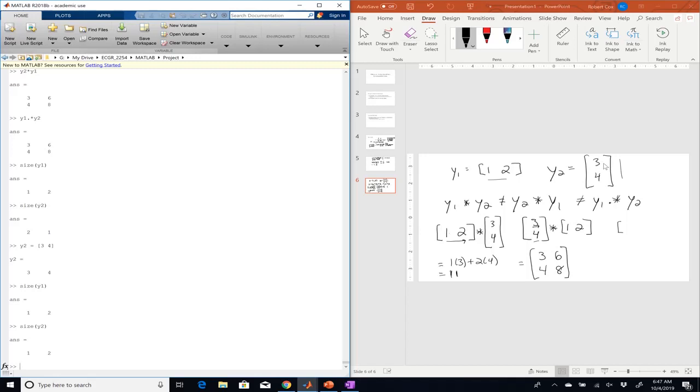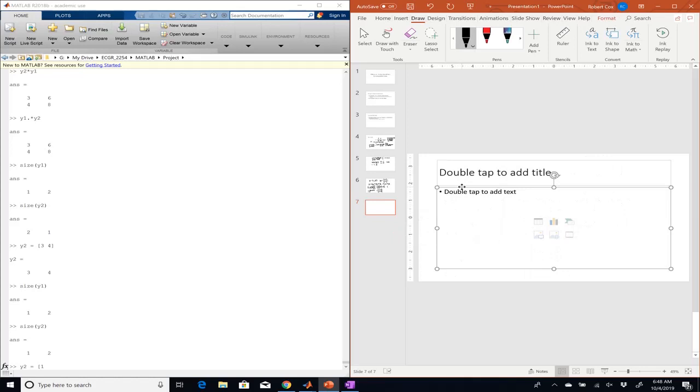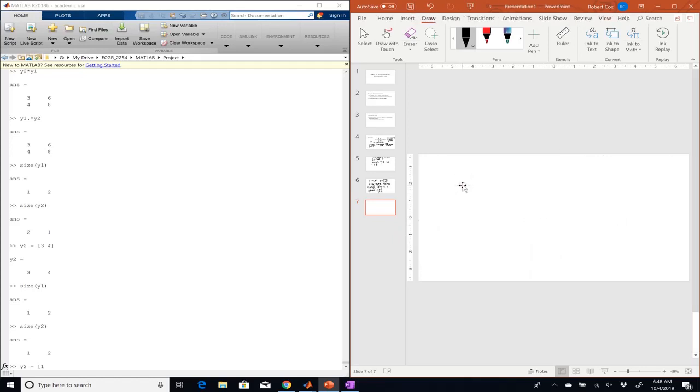One thing you can also do is you can do something called a transpose operation, which is something that exists in linear algebra, which is where you switch rows with columns. So one thing I could do here is I could switch rows with columns. So let's say I had y2 equal to 3, 4.